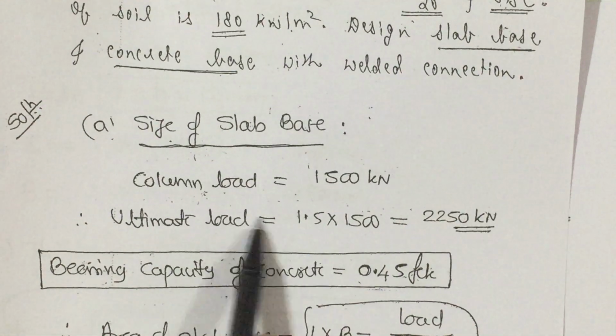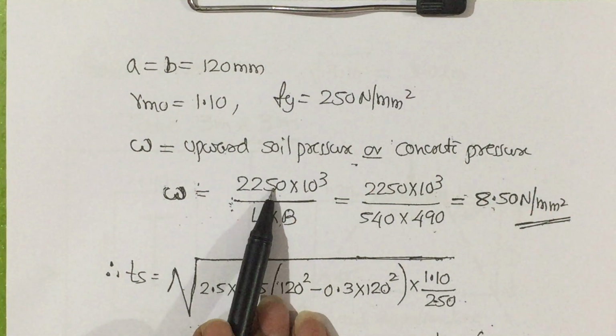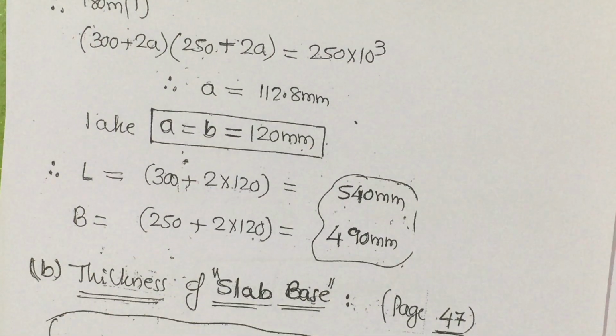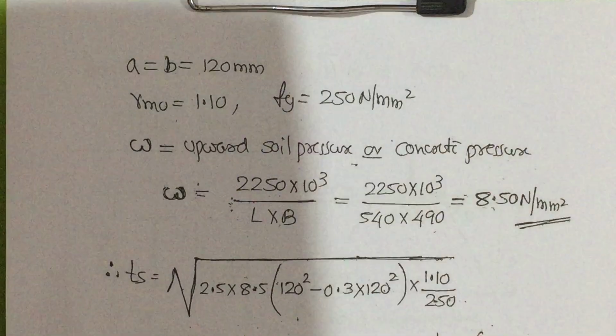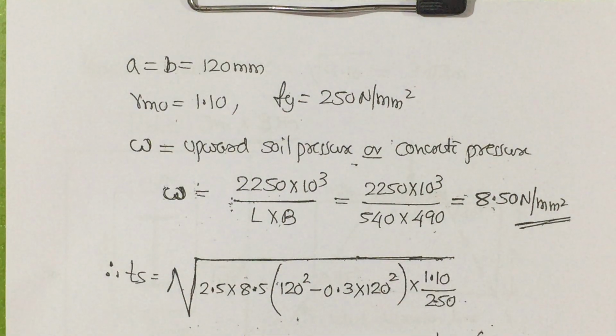The factored load is 2250 kilonewton, that is 2250 into 10 power 3, divided by area. L into B we calculated in the previous step, 540 by 490. Substitute, you are going to get 8.5 Newton per mm square.